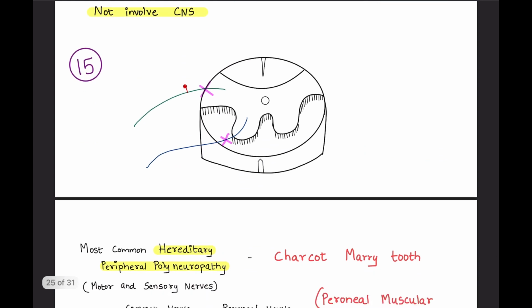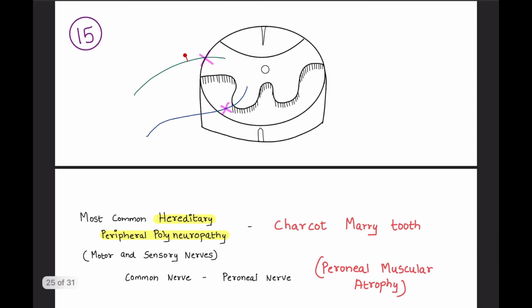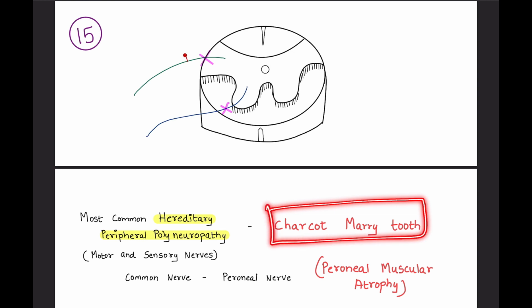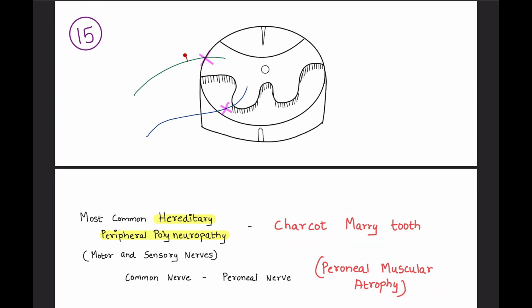Then in the next case, the lesion is in the dorsal root and ventral root. That is, the lesion is in the sensory nerve root and also in the motor nerve root. This condition is known as Charcot-Marie-Tooth, also known as peroneal muscular atrophy. Why peroneal muscular atrophy?